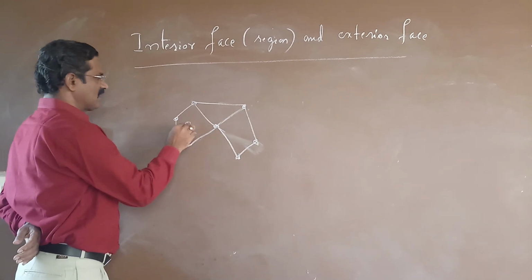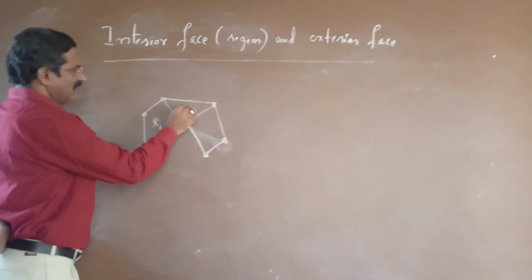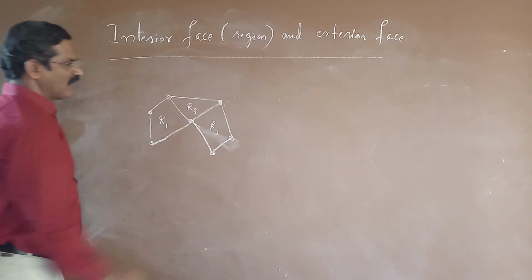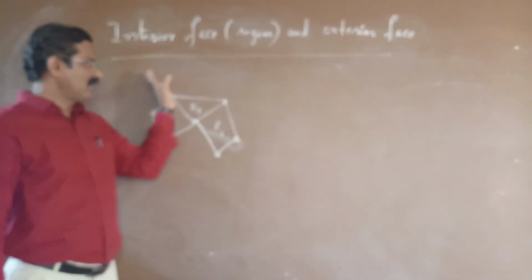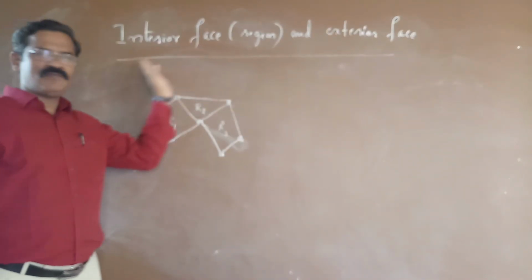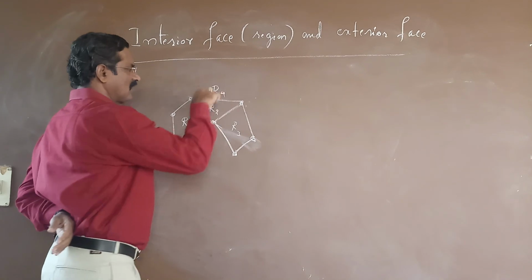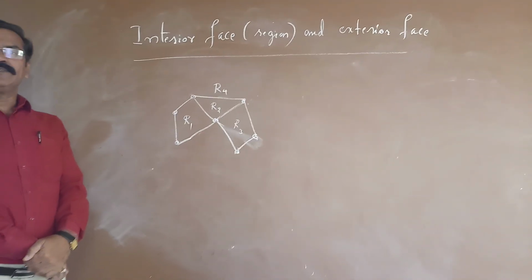So bounded regions, say R1 is a bounded region, R2 is another bounded region, and R3 is also a bounded region. There is one more region outside which is unbounded. So that region R4 is called exterior region.